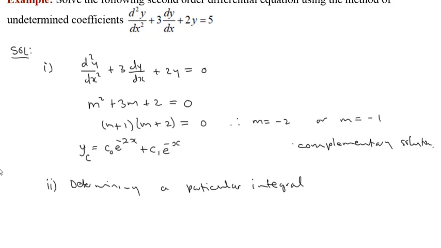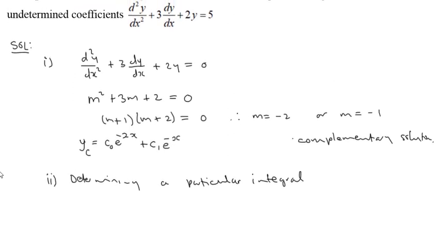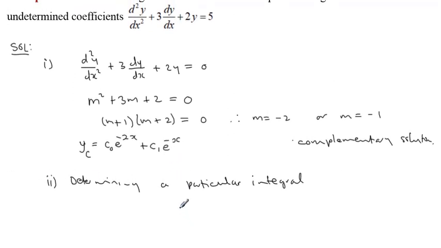Now we need to go very slowly over this. First of all, if you look at the differential equation as it is here, this 5 we said is the input, and the solution y which we're looking for is the output.